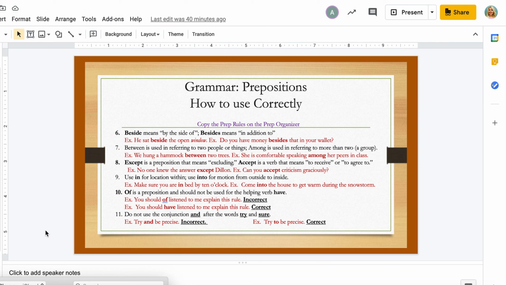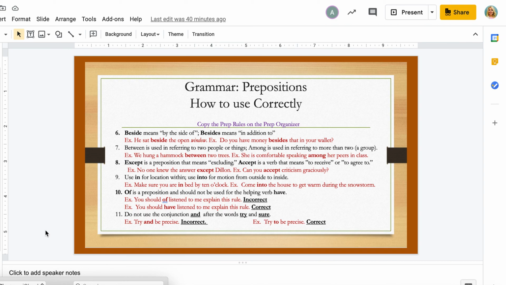I agree or I accept your ideas of how to move forward. I agree with your ideas. Okay? I will agree to that. So make sure you know the difference between those two. Except, EX, exclude, is a preposition. Accept, ACC, is a verb.